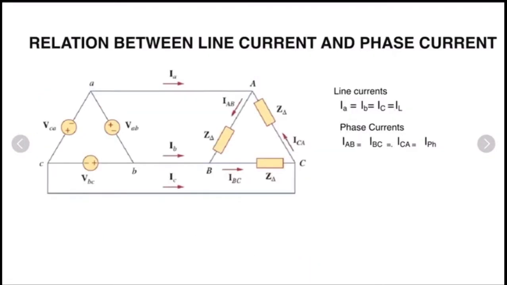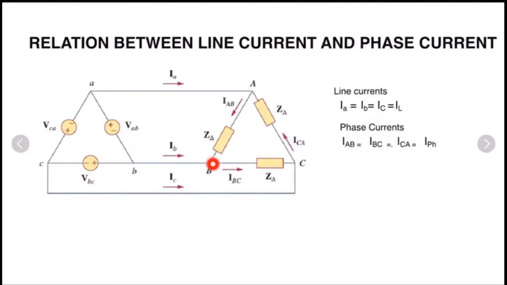Now we will go for the current relation. For the current relation, we have to find the relation between line current and phase current. In this circuit, first we will understand which currents are line currents and which are phase currents. Here we have a three-phase delta-connected load, and here we have the three-phase supply.